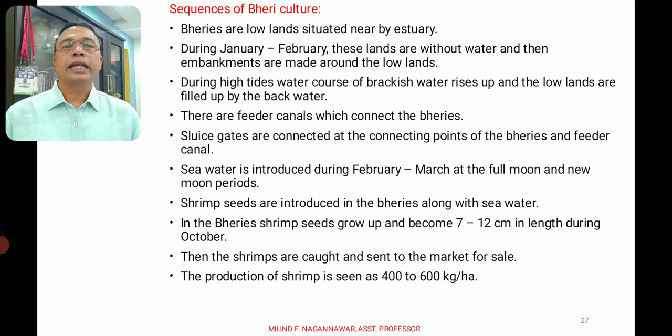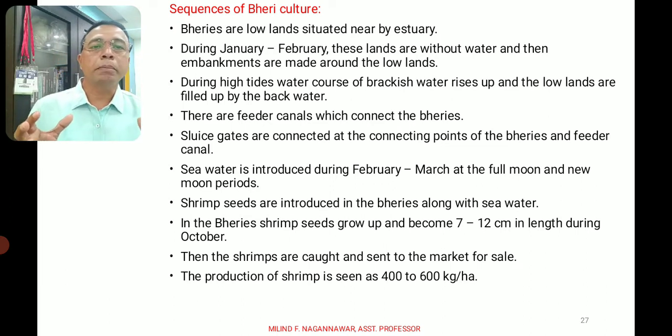This seawater is usually introduced in the months of February and March, at the time of full moon and new moon, when there are high tides. These high tides bring the shrimp seeds into the berry tanks.